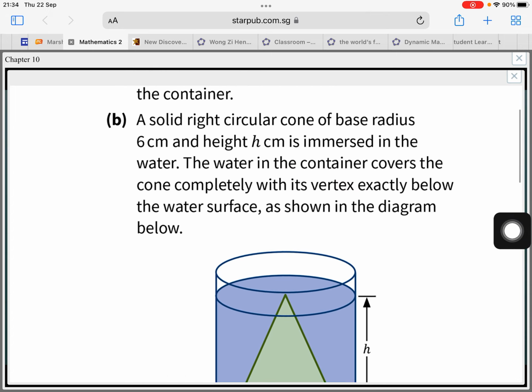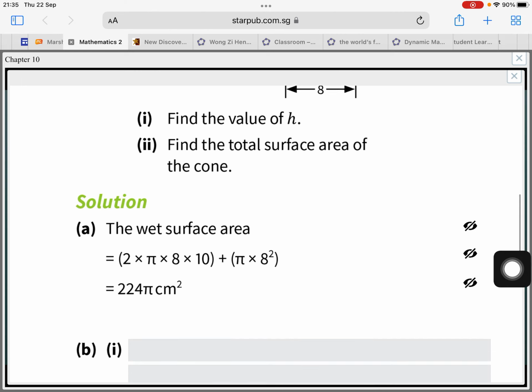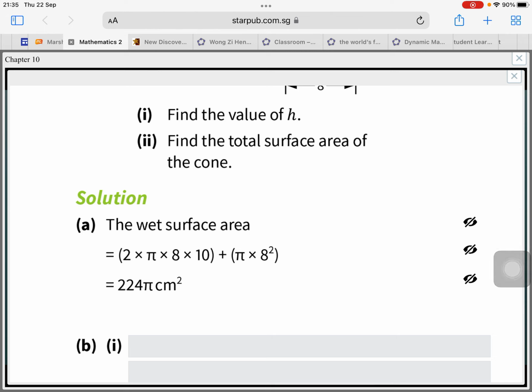Then this is your 2 pi r, where r is 8. So 2 pi r, then 10. Then of course you have your base area pi r square, so pi 8 square. Into a calculator, you should get about 224 pi cm square.